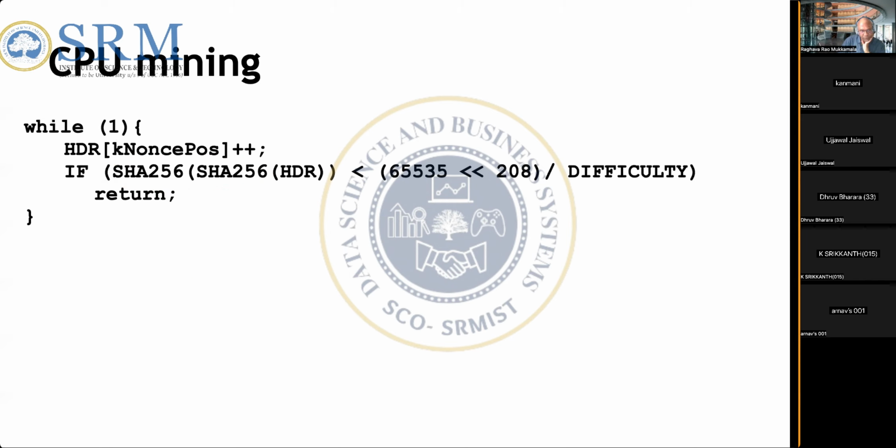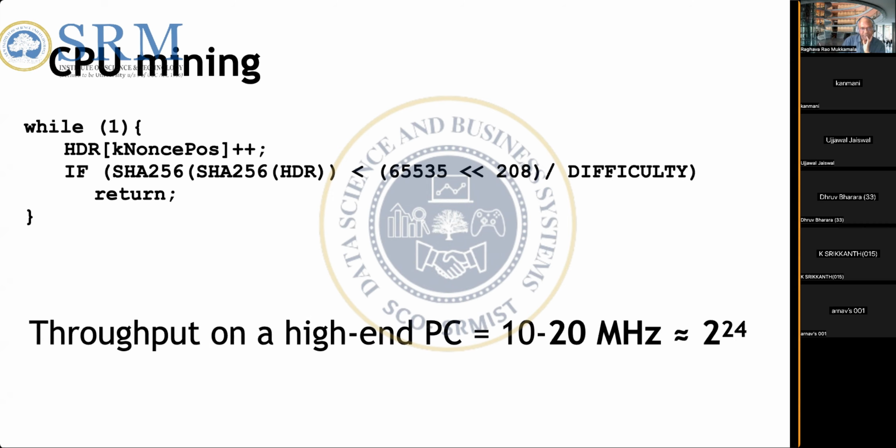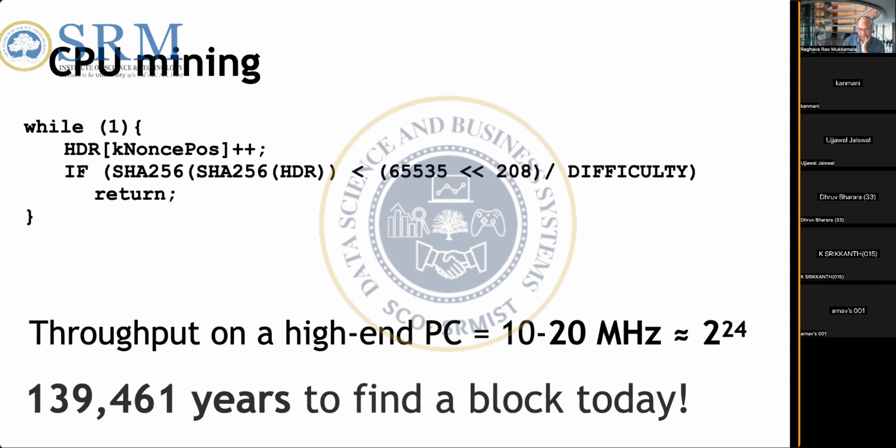if you use your laptop to mine with the current difficulty, or even a very high-end PC, let's talk about a server, you would get a hash rate on the order of 2 to the power of 24. But the time it takes to find a block would be 140,000 years. Remember, you have to produce a block within 10 minutes, right?